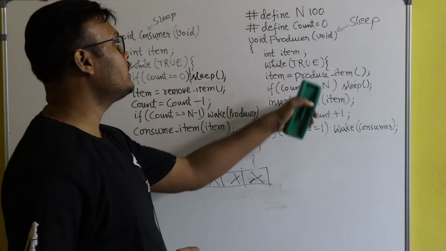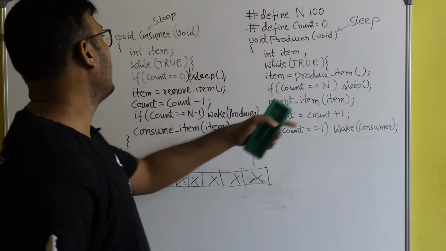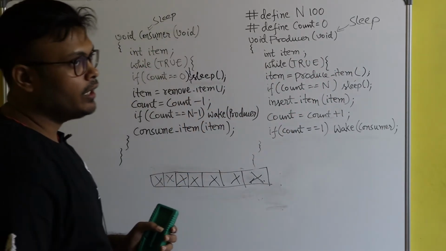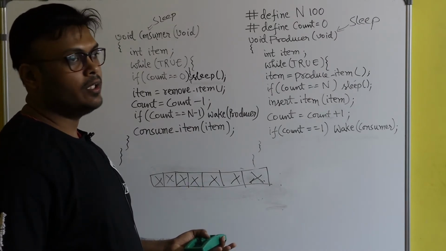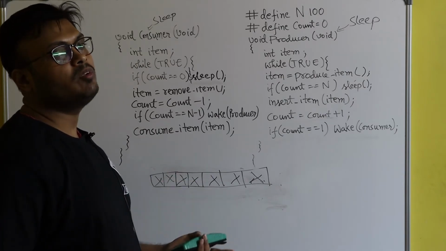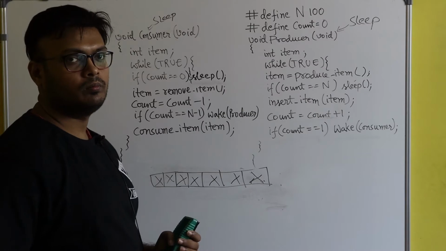Here the producer is expecting that the consumer will wake him up, and the consumer is expecting that the producer will wake him up. But this will never happen because both are sleeping. So both can't be woken up. So it's a deadlock problem.